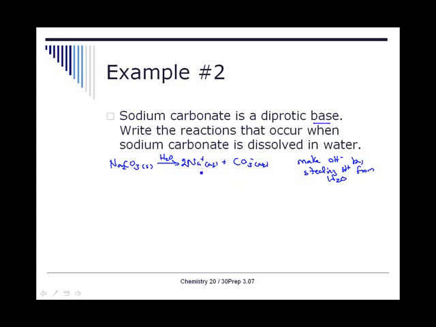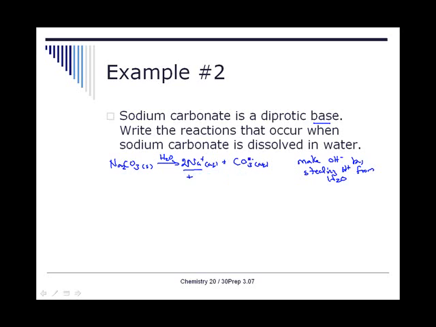So when we take a look at these two ions, we're going to say which one's the most likely to attract positively charged things, or positively charged hydrogens. And if we take a look, sodium, it's already positive, so it's not going to attract other positive things to it, right? Things with the same charge repel each other, so sodium isn't going to attract hydrogens.